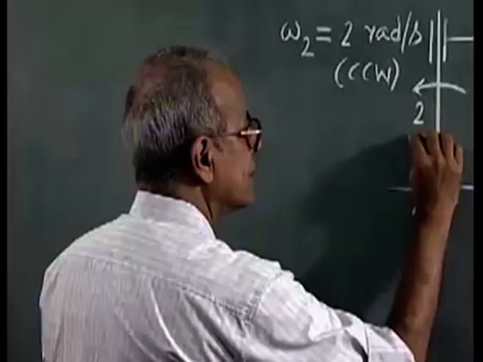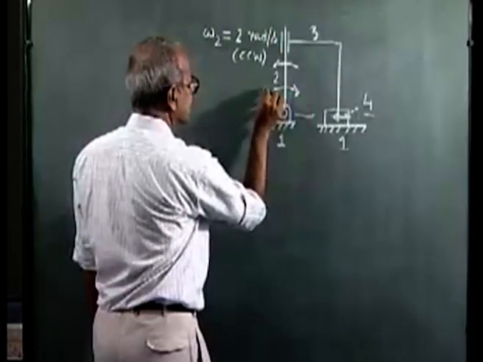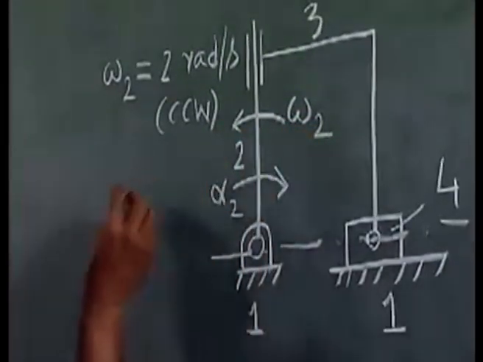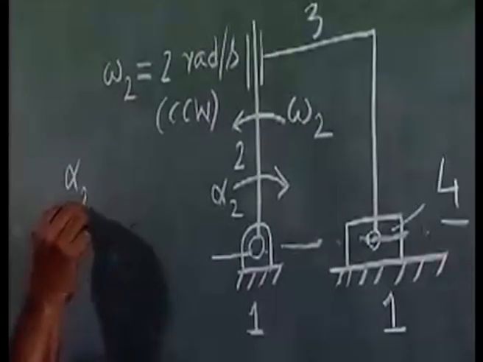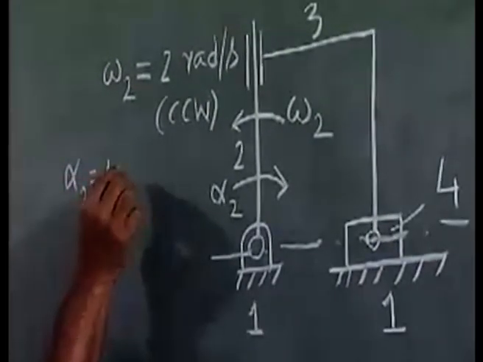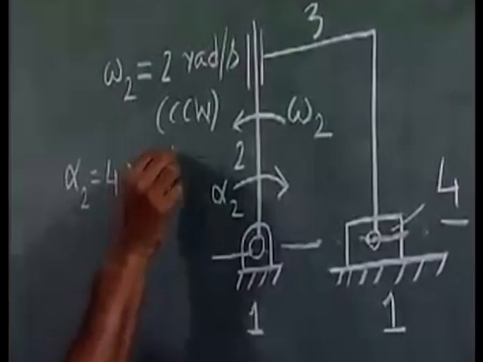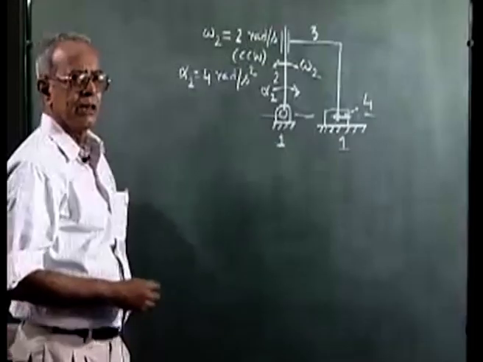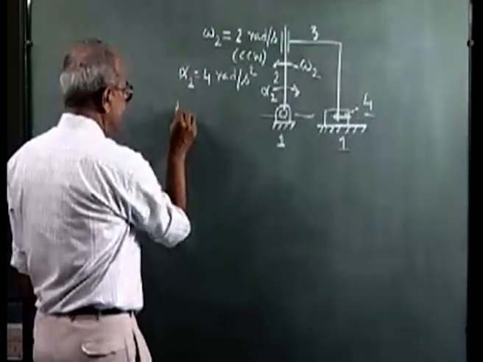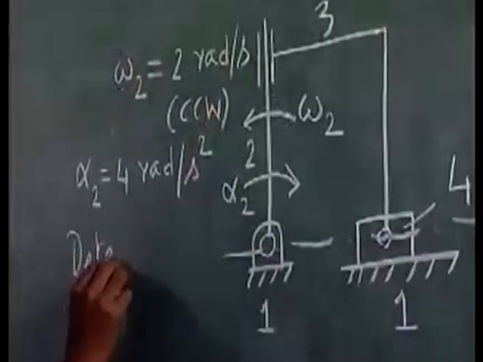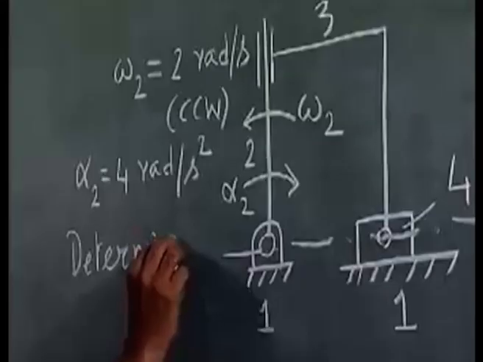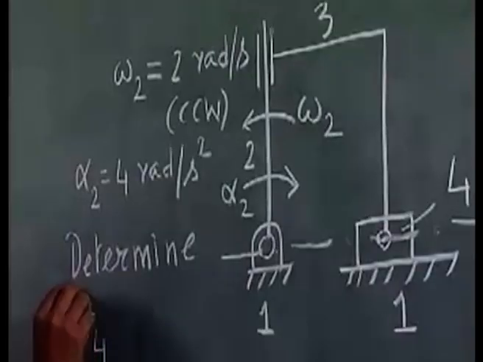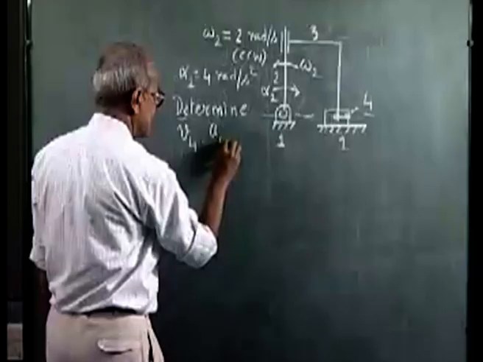And angular acceleration of the link 2 at this instant, alpha 2, is also given as 4 radian per second squared. The statement of the problem is to determine, with these input velocities and acceleration at this configuration, what is the velocity of the slider 4 and acceleration of the slider 4.